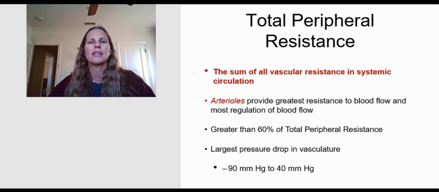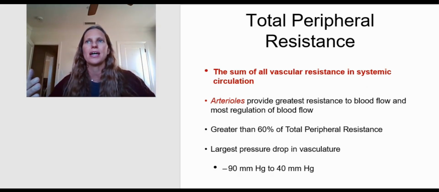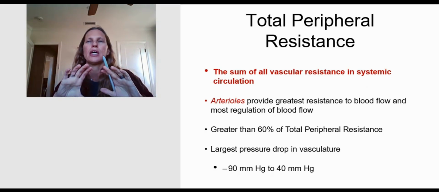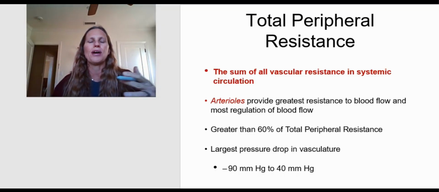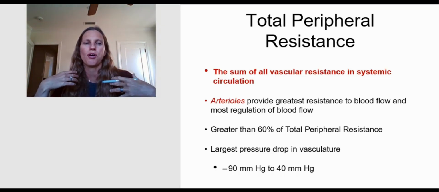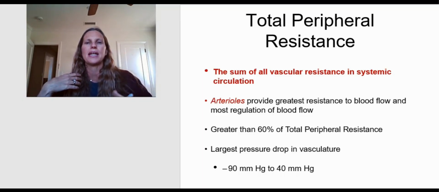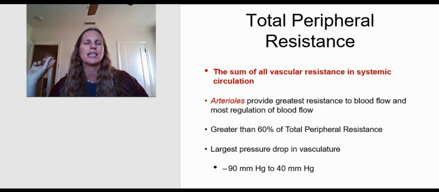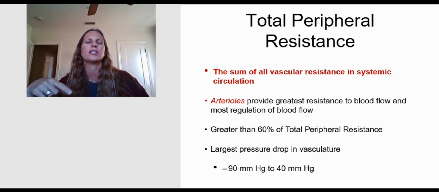So what this means to us is, remember, the blood flow throughout the circulatory system is going to be dependent on pressure, which we've already talked about, and I'm going to show you another picture of in a minute, and resistance. And it's the sum of all the vascular resistance in the entire systemic circulatory system that we want to know.